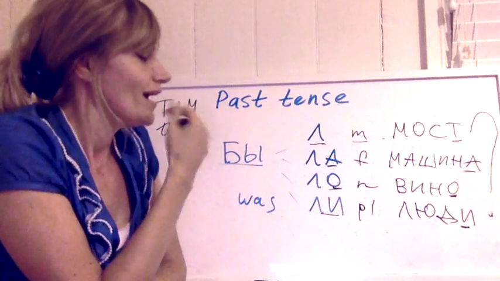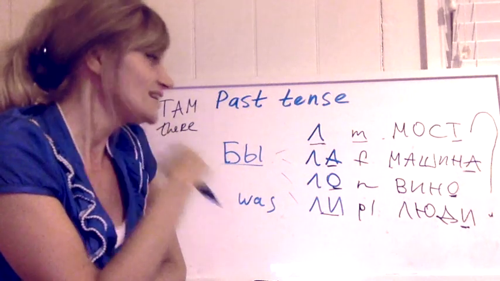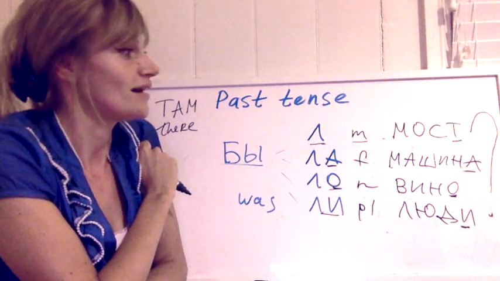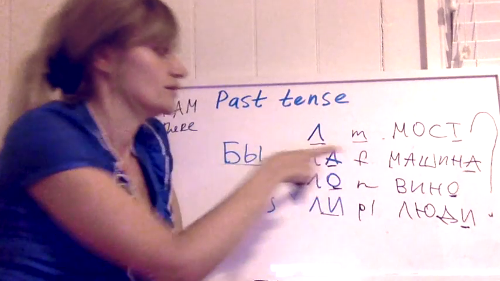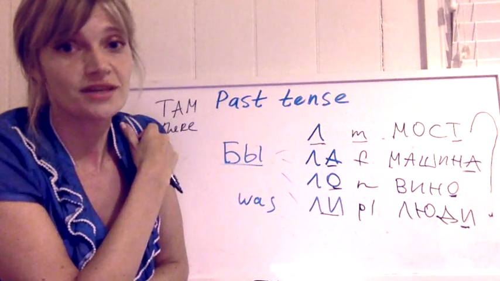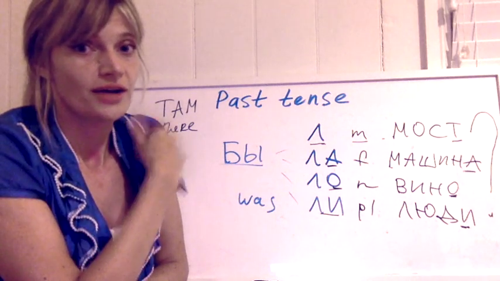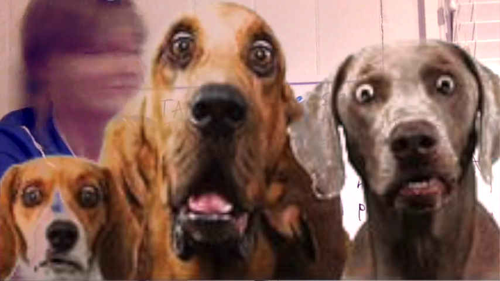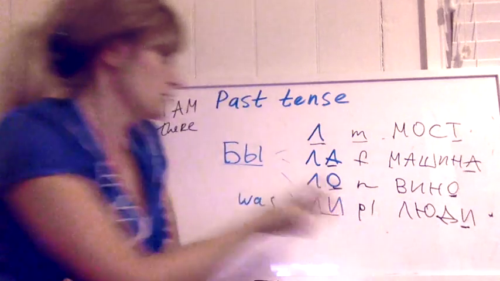You see как, how easy to ask a question in Russian? Just a question mark, or if you don't do this on paper, in your conversation, just intonation, curiosity and intonation. That's it.